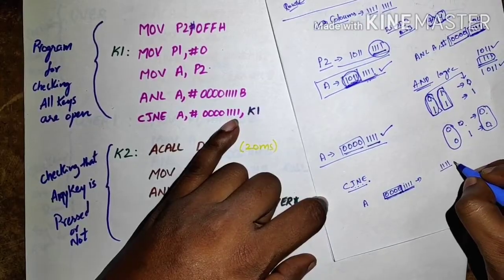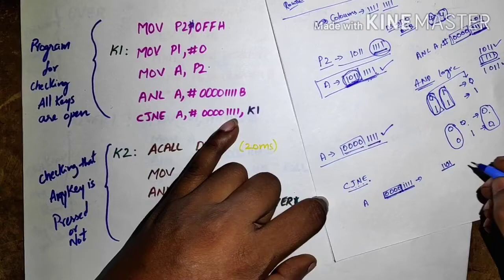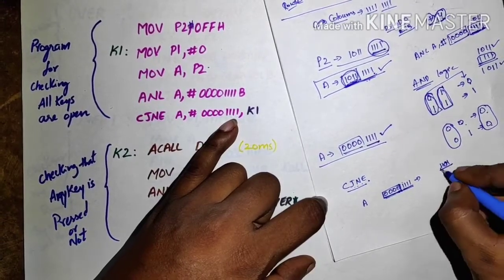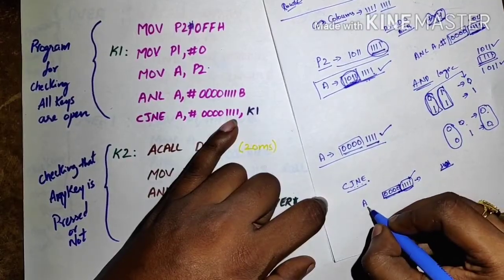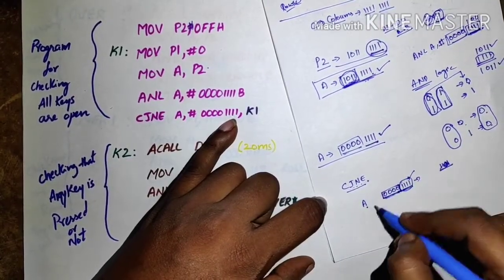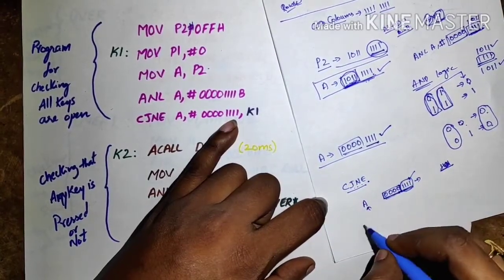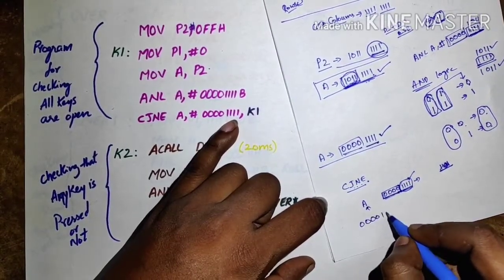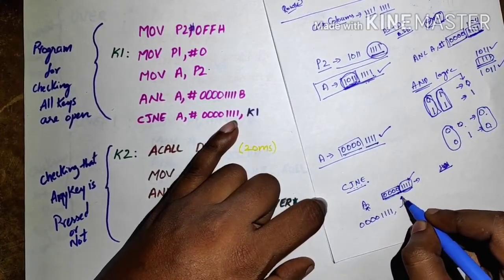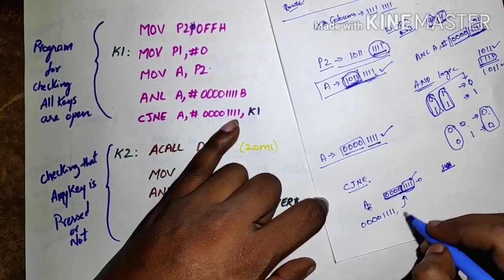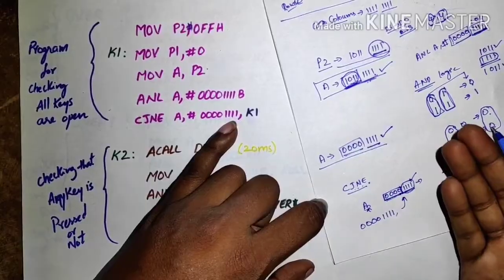If the column values are all ones, no key has been pressed. If there is any change, there is a key press. So the no key pressed condition is all ones. We compare it with the value present earlier, which is also 00001111. If these two values are equal, no key has been pressed.